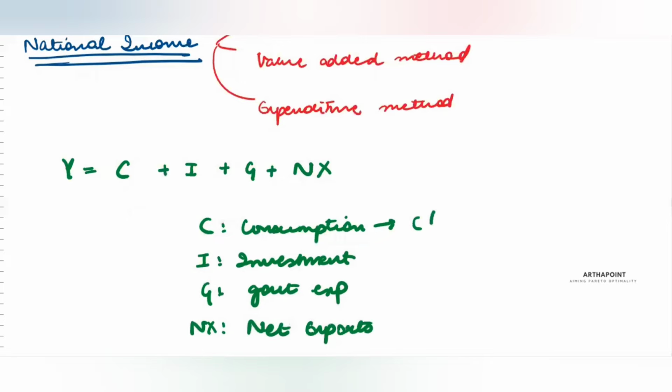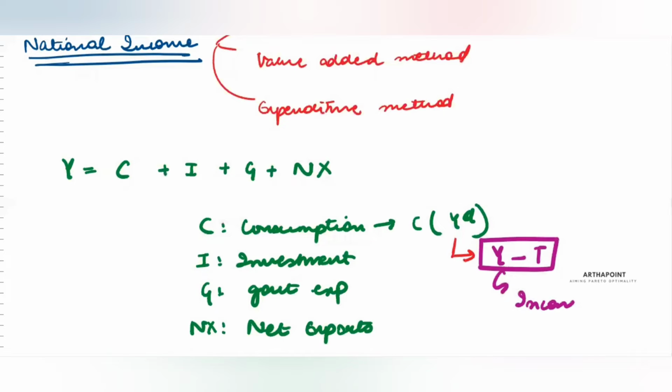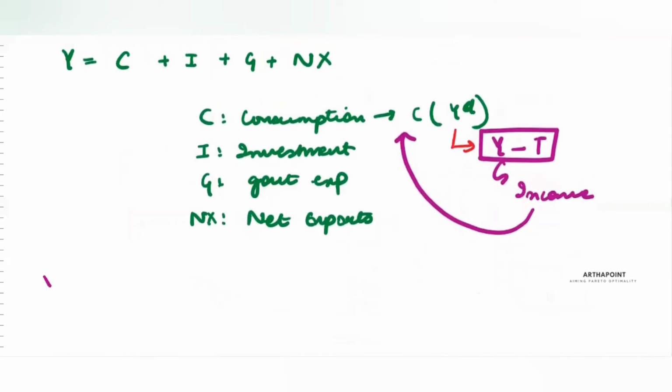Consumption is a function of disposable income. Disposable income in the background is income minus taxes. After you pay taxes to the government, whatever net income you're left with, you can only do consumption from that. So we can say Y is equal to C, consumption is a function of disposable income, so it's a function of Y minus T, plus I plus G plus NX.